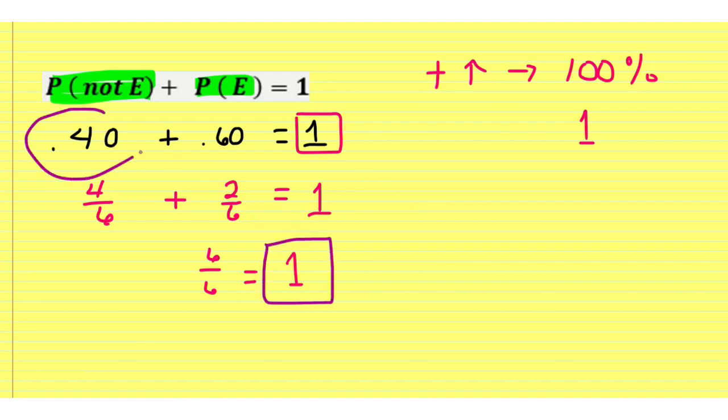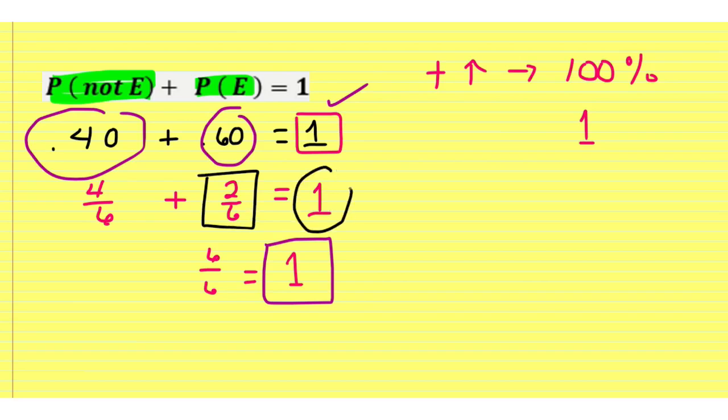Whatever this probability is and whatever this probability is, they will always have to add up to 100%. If you are missing one probability, how would you find it? You would take the whole, subtract the part you have, and it would leave you with the missing part. This is how complements work. They will always add up to 100%, and if you're missing one of your probabilities, you can find it by subtracting the other from the whole.